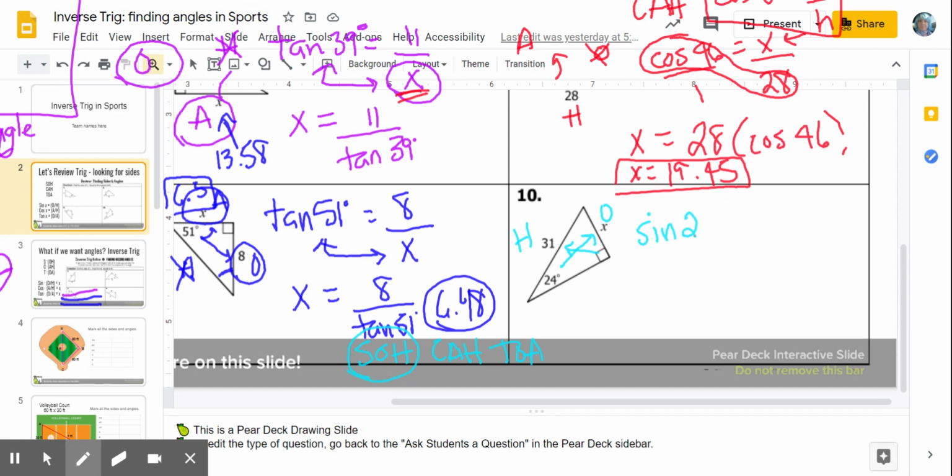So sine of 24 equals O over H, so X over 31. And then do I divide those or do I multiply them? How do I solve that equation? Multiply, for sure. If x is in the numerator, you're going to multiply. So x equals 31 times sine of 24.